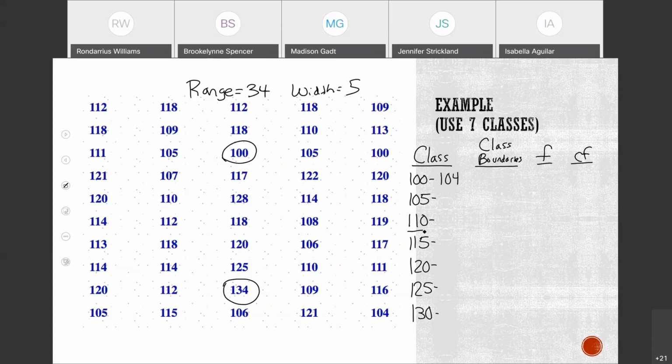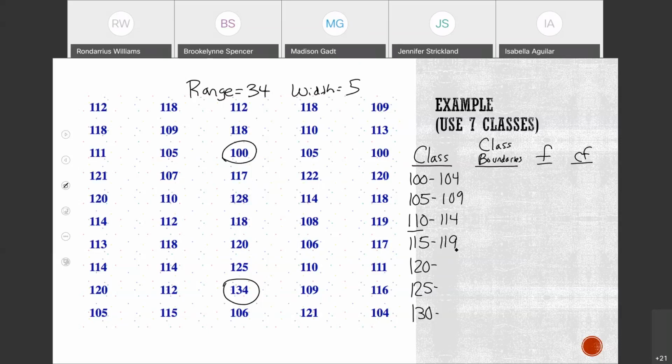It ended at 109. Because we have this continuous progression through the numbers. So 100 to 104, then we pick up at 105 and go to 109. Then we pick up at 110 and we go to what? 114. Good. 115 and 119. Good.